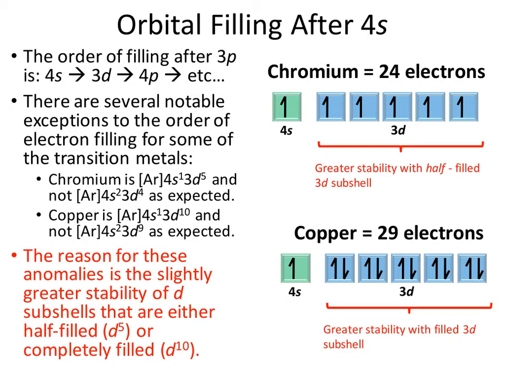Now there are going to be some instances where there's something a little bit weird that doesn't follow the same rule. Remember that as we go on, after 3p, we go into 4s first, 3d, and 4p.